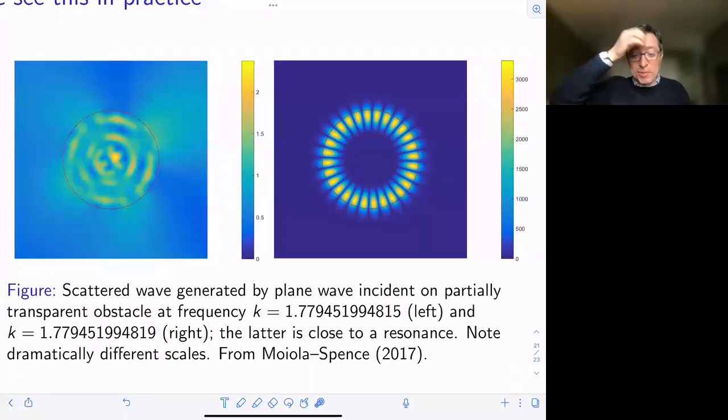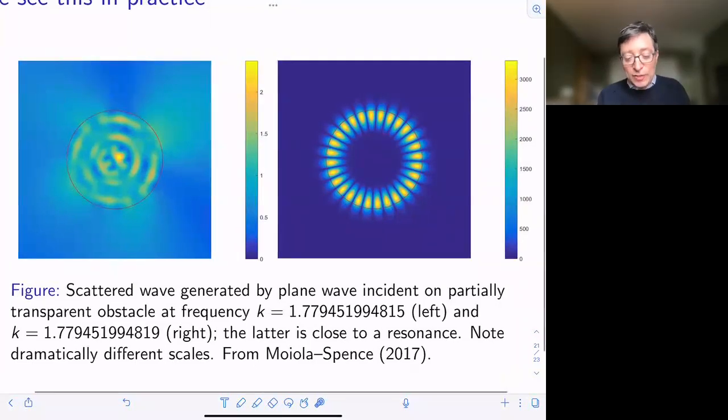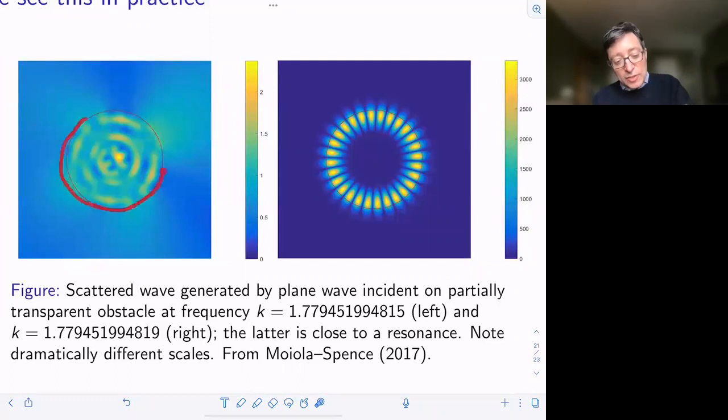Like, having told you how this works, I'm still amazed they can get this many digits of precision. But they do. They change the last significant figure, and you get this thing on the left. If you've just blown ever so slightly on the frequency, now the scale is on the order of 2. Okay, immensely smaller. So this is showing you that, yeah, the resolvent can be big. I can manage to excite a very big wave from an incident plane wave if I pick the frequency just right, but I really had to pick the frequency just right to make the bad thing happen.